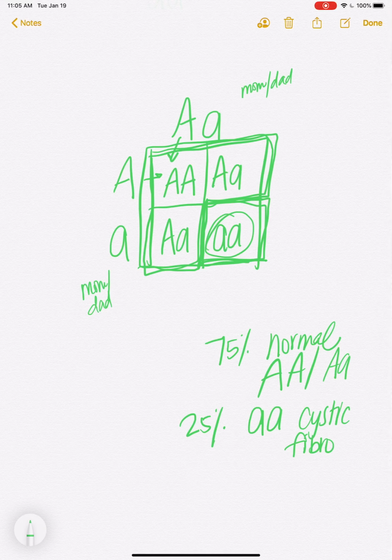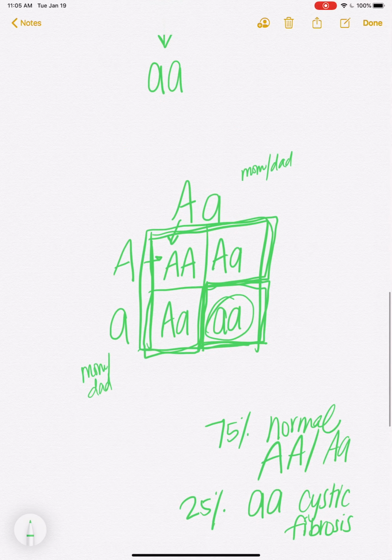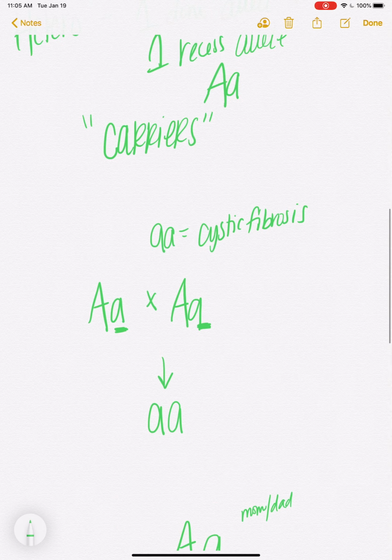Okay? So Sean and Morgan are considered to be carriers because they carry the allele for cystic fibrosis. Neither of them show that trait. Neither of them have cystic fibrosis, but they can carry it on to their child.